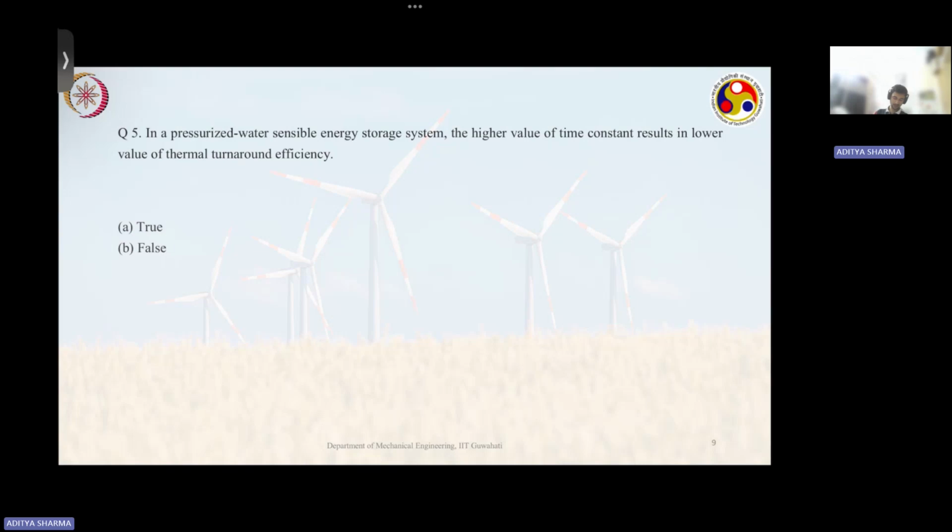It says that in a pressurized water sensible energy storage system, the higher value of time constant results in lower value of thermal turnaround efficiency.